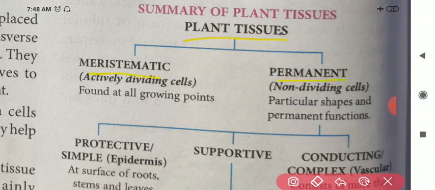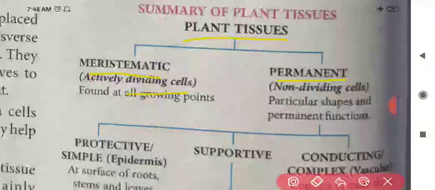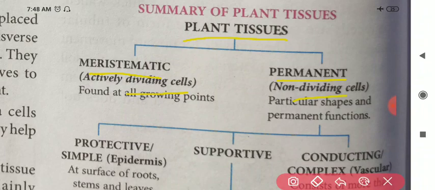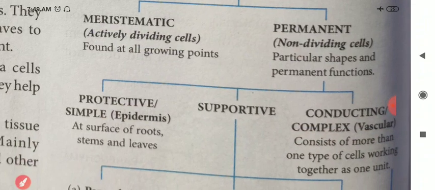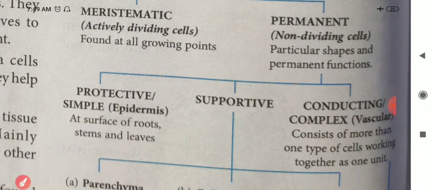Meristematic cells are dividing cells and permanent cells are non-dividing cells. Then permanent is further divided into three: protective, supportive, and conducting.